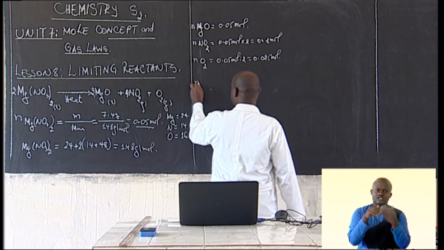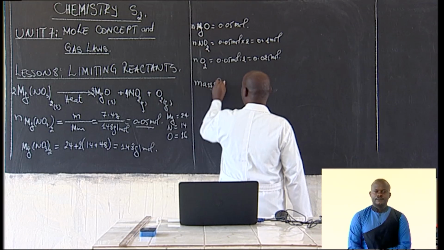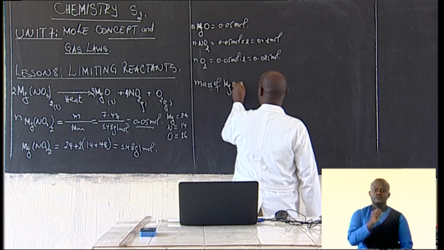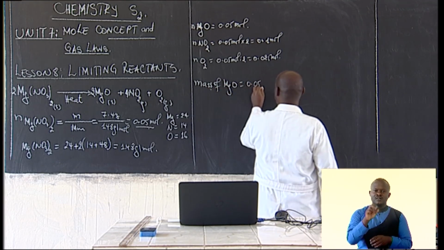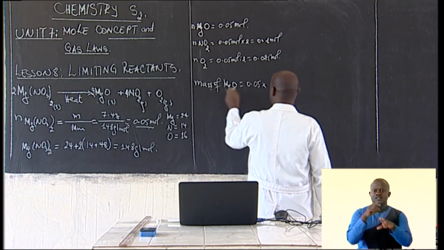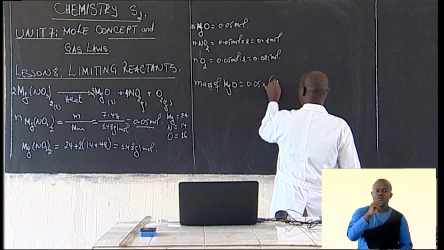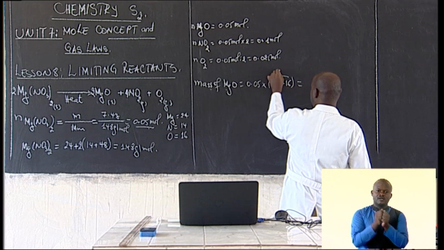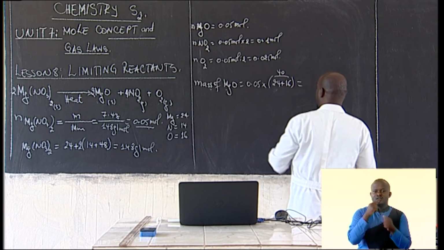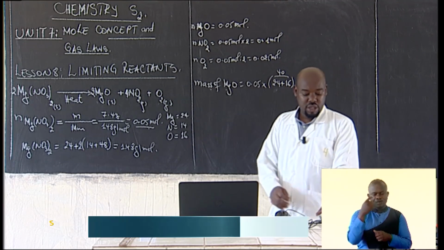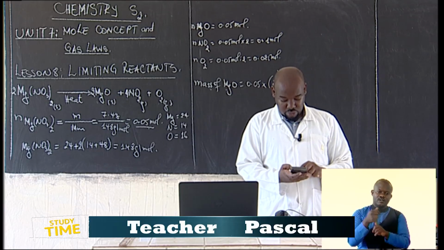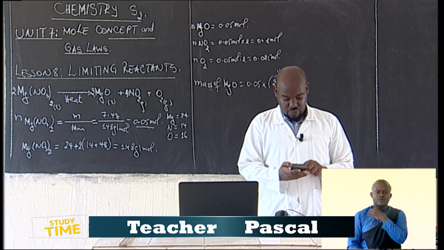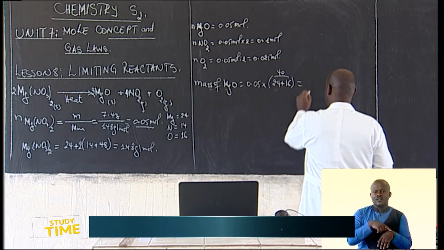So the mass of magnesium oxide will be 0.05 times the molar mass of magnesium oxide, which is 24 plus 16. This is 40 grams per mole. And what do we get? 0.05 times 40, that is 2 grams.